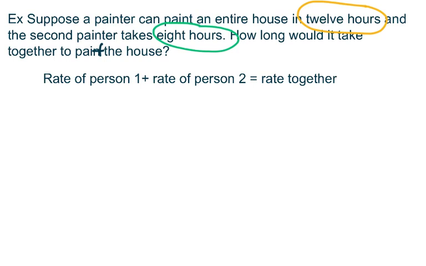So the first painter could paint a house in 12 hours. Here's his rate, 1/12. Okay, and then the rate of person 2 is 8 hours. Okay, and then that's going to equal their rate together. Since we don't know their rate together, I'm just going to put it as x.